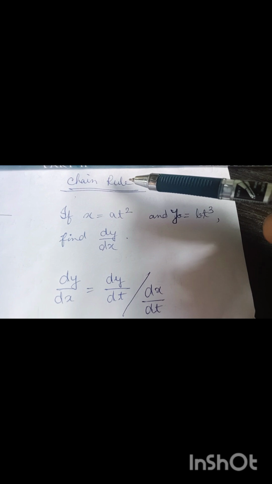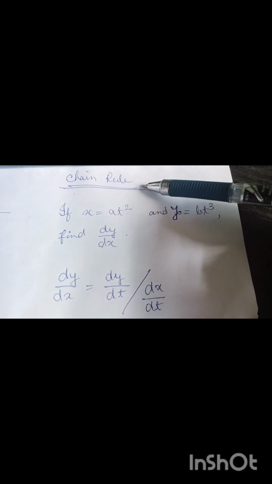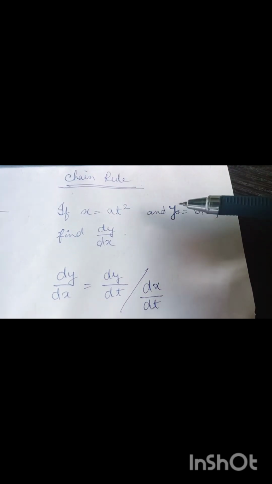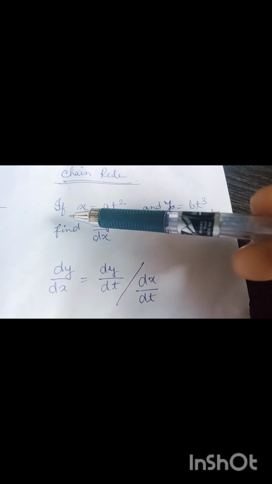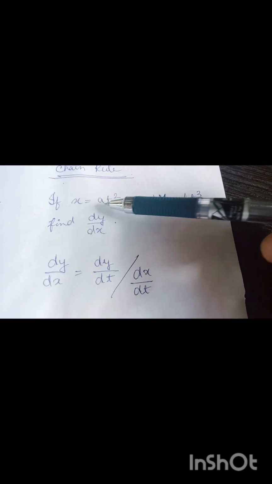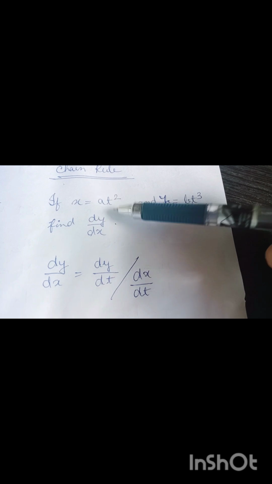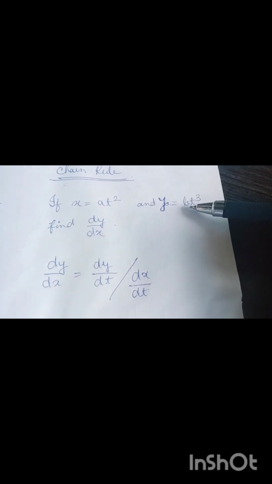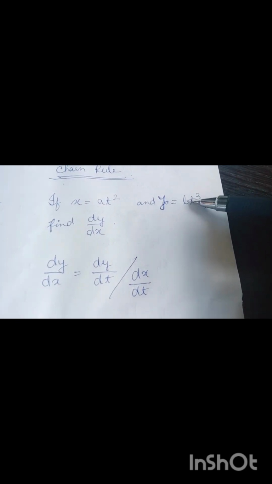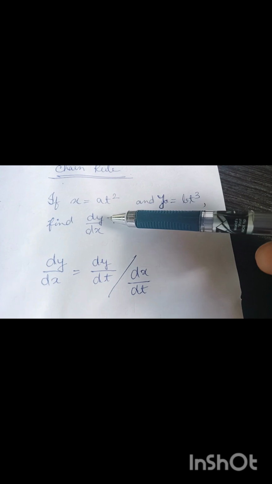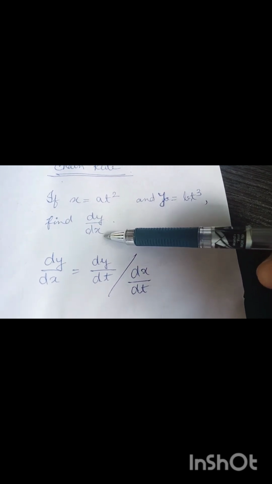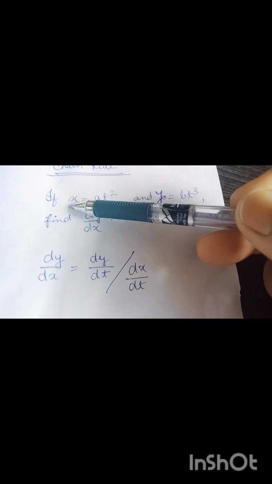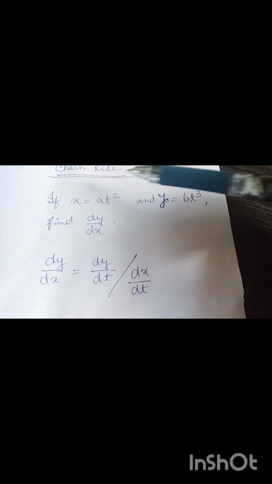There is an important and interesting rule, the chain rule, to differentiate a given function. Let us see. Here, if x is a function of t, x equals a t squared, and y is a function of t, y equals b t cube, and we are asked for the differentiation of y with respect to x, then what should we do?